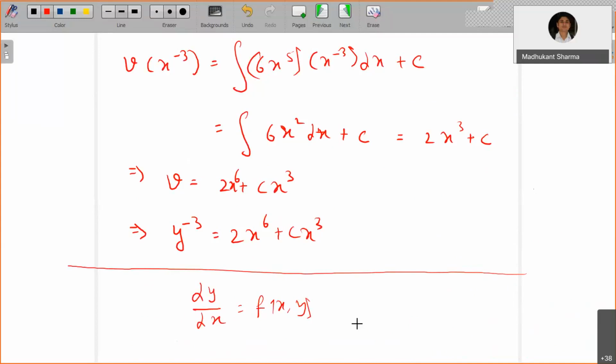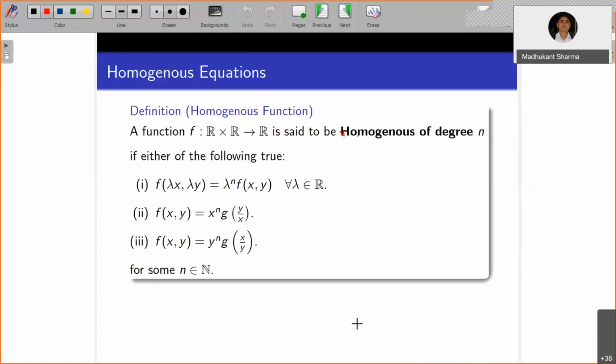Now suppose f has some special property, kind of homogeneous, say homogeneous of degree n. What is the definition of a homogeneous function? A function is said to be homogeneous of degree n if either of the following is true.